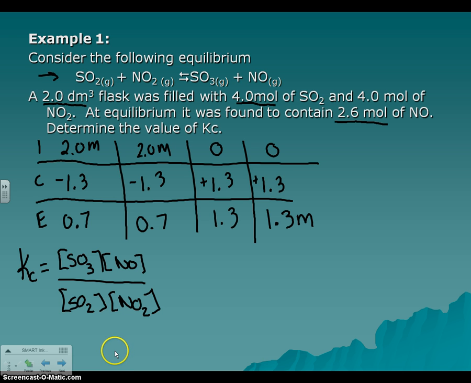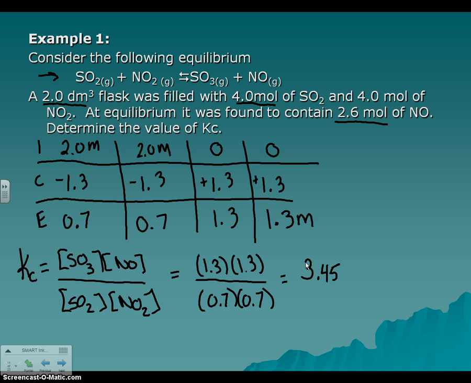So everything is 1, so I don't need to worry about any exponents. And now I'm ready to plug in some numbers, and I'm getting these numbers from the equilibrium part of my table. Those concentrations are 1.3. These concentrations are 0.7. And so my value for Kc ends up being 3.45.